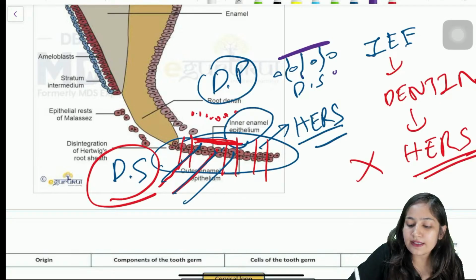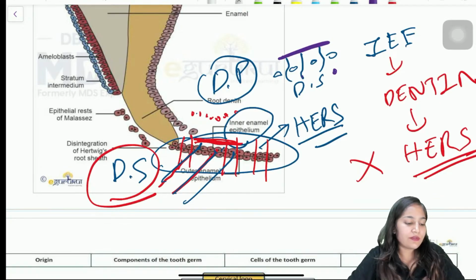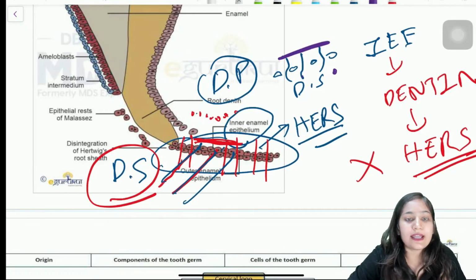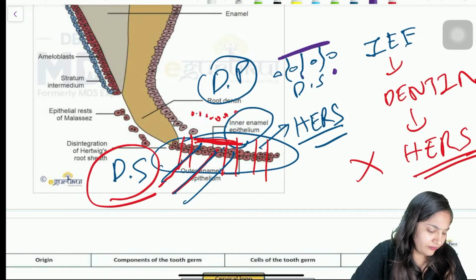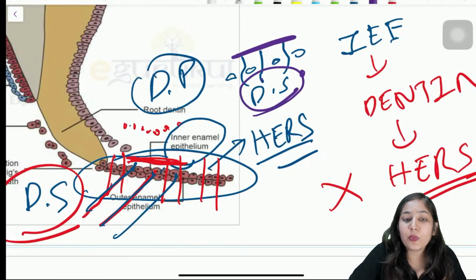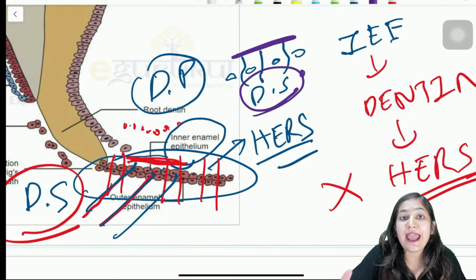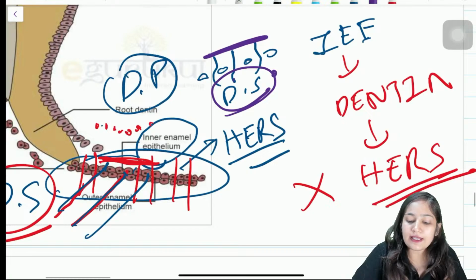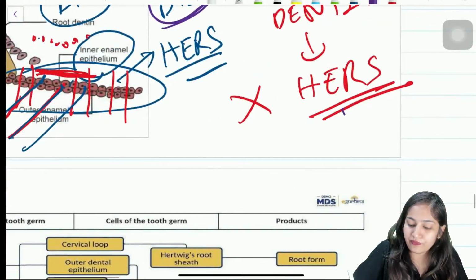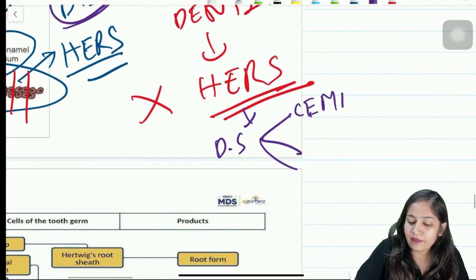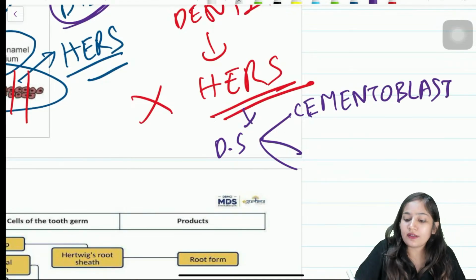Right? This dental sac cells will differentiate into which cells? We have discussed in earlier slides, right? Dental sac forms what? Cap, cementum, alveolar bone and periodontal ligament. So this dental sac cells will differentiate into cementoblast, which cells form bone?